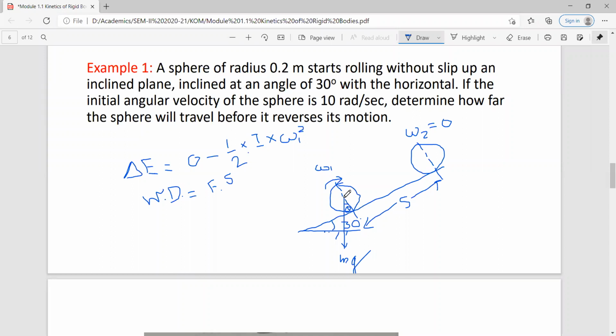Now you know that the component which is along the angle is mg cos theta, and the one which is opposite to this angle is mg sin theta. So mg sin theta will be acting in this direction.